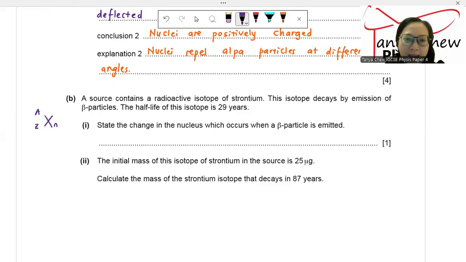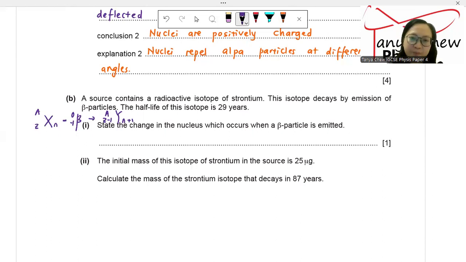So when a nucleus emits beta particles, which are fast-moving electrons, what will happen is that the proton number decreases by 1, right? Whereas the neutron number, because the proton number decreased by 1, must increase by 1.